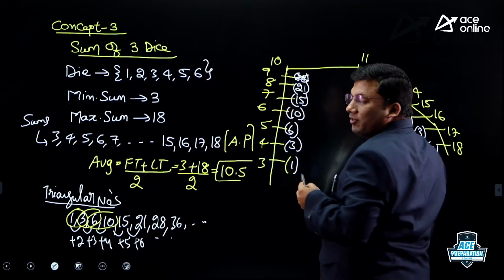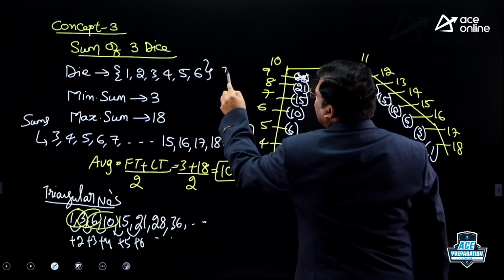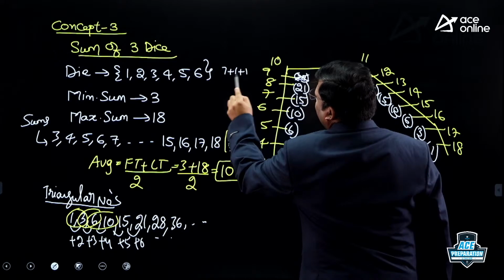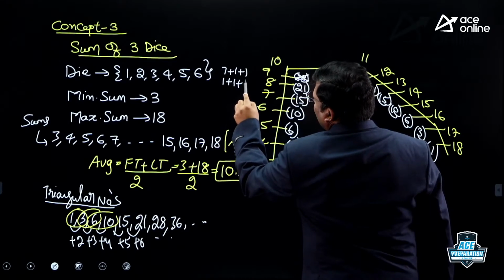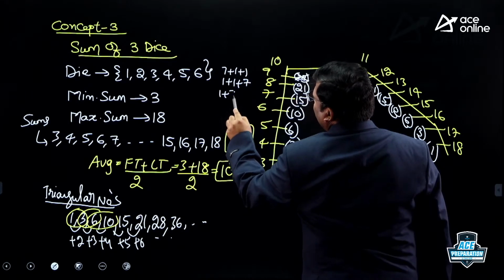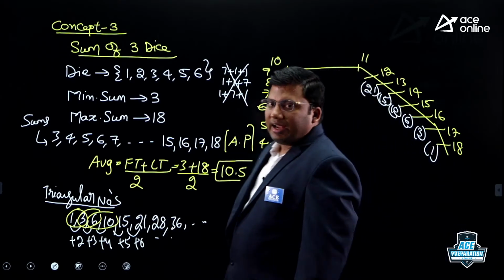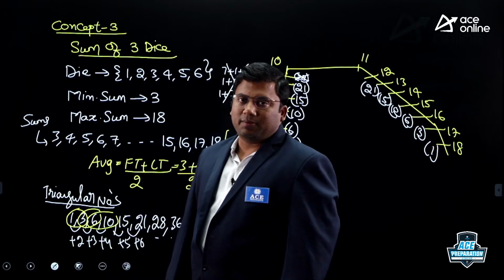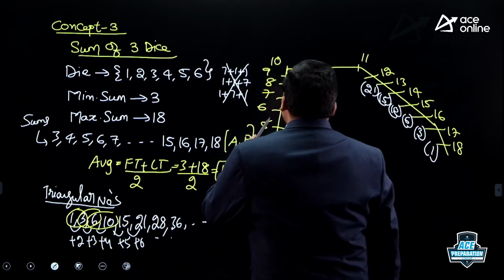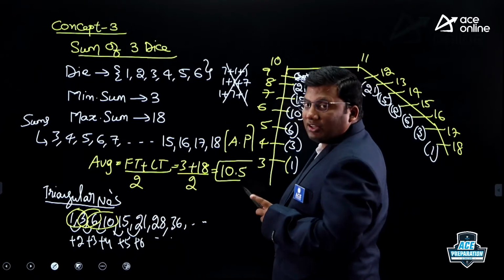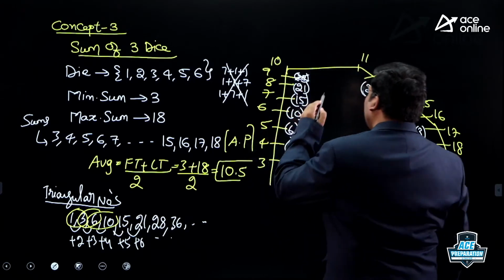28 is incorrect. Why? Because in the 28 case, there are values like 7 plus 1 plus 1, 1 plus 1 plus 7, 1 plus 7 plus 1. A die value cannot exceed 6. So 3 cases need to be omitted. In 28, 3 cases need to be omitted.